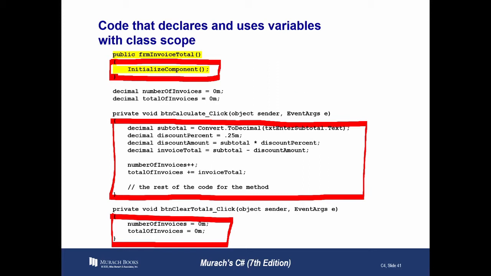And you can see that there are some exceptions, right? Because I have total of invoices there on the outside of that boundary. But how is it that this can be seen inside that box? Okay. And that really has to do with scope.